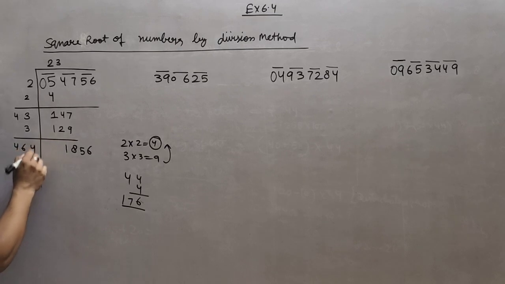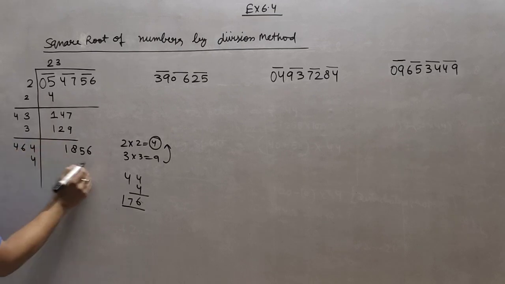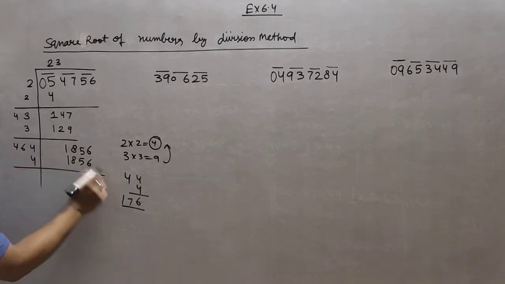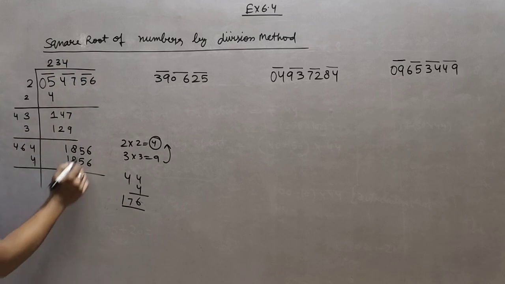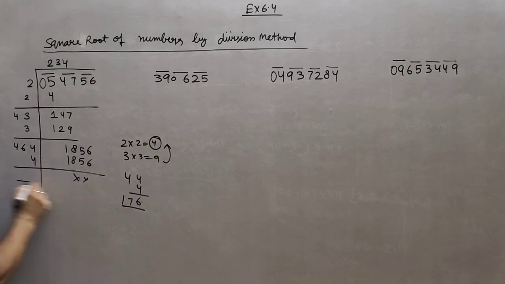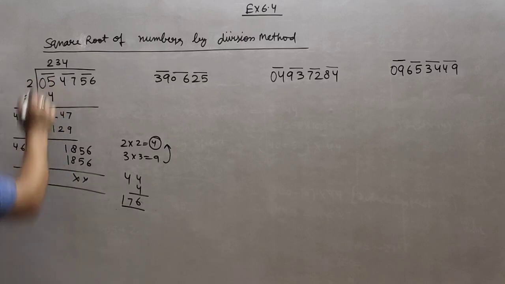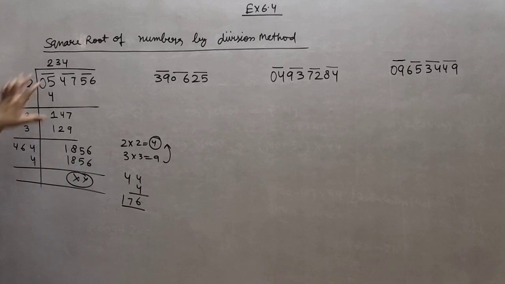If you put 4 here, 4 times 4 is 16, 4 times 6 is 24, 25, 4 times 4 is 16, and 2, 18. It means we are completely finding the same number. It means the remainder is 0. So on the basis of this remainder also, we can say this number is a perfect square.